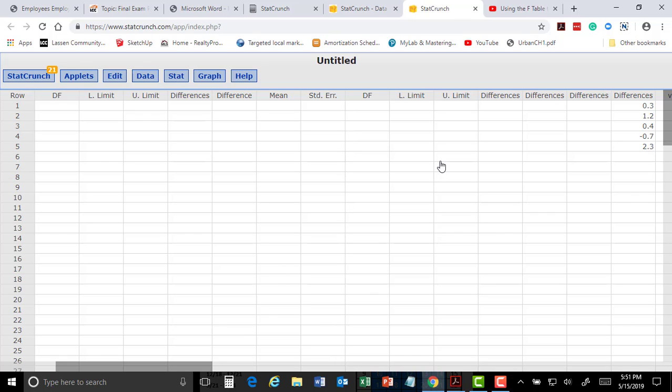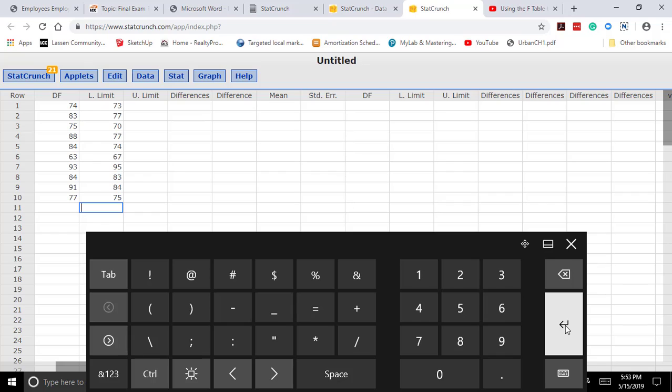A test of abstract reasoning is given to a random sample of students before they complete a formal course in logic. We want to construct a 95% confidence interval for a mean difference before and after. So that's the same as what we did.